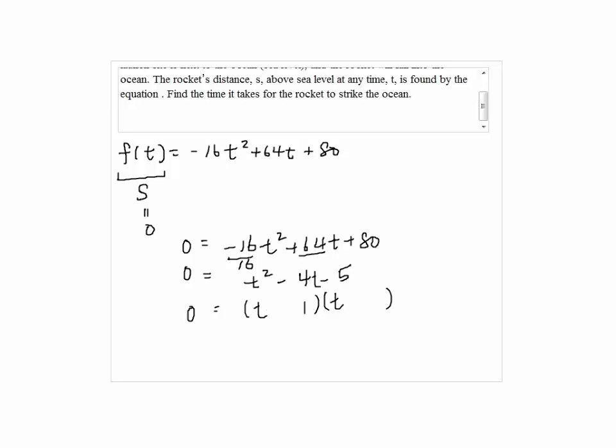By factoring, we have t plus 1 times t minus 5 equals 0. So t equals negative 1 or 5. Well, time cannot be negative, so the answer will be 5 seconds.